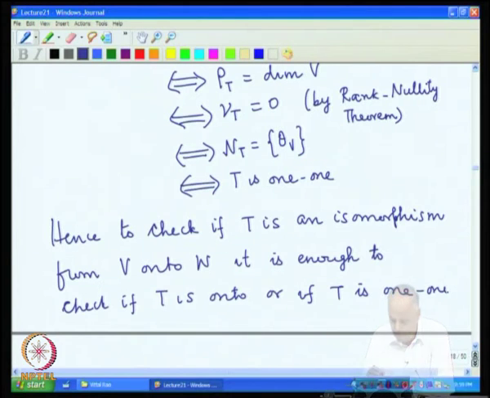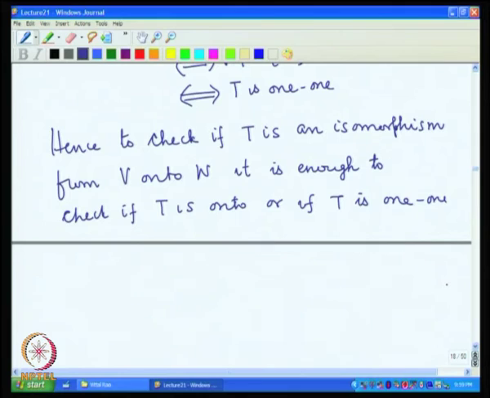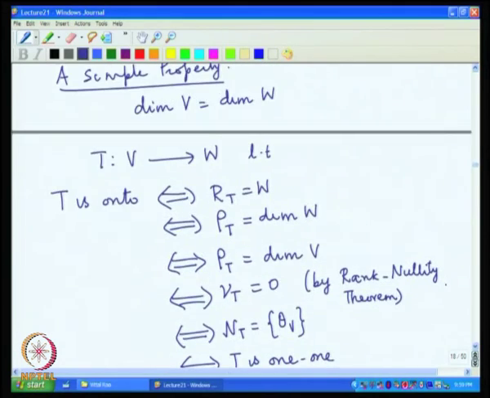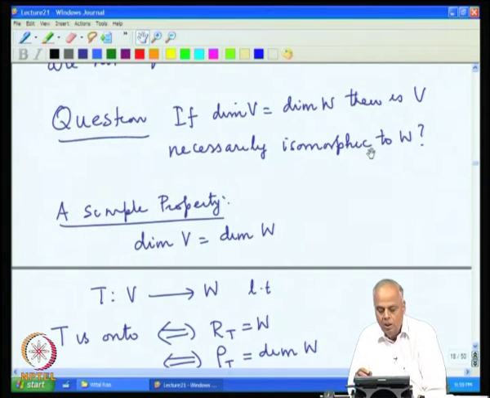Of course, we are assuming that dimension of V is equal to dimension of W. And let us now go back to the question that we raised. The question was, if dimension of V is equal to dimension of W, are they necessarily isomorphic to W? What does this question mean?